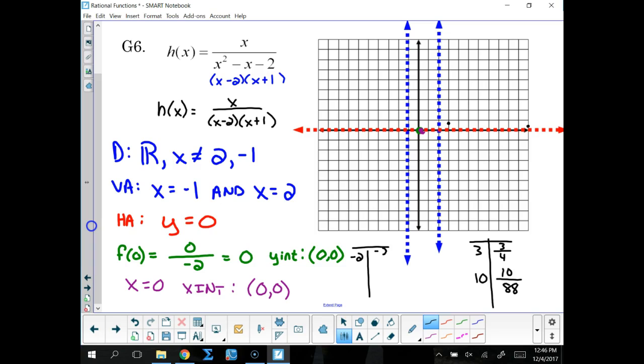Negative 2 would be negative 2 over 4, right? Because then minus negative 2 is like plus 2. So that's 6 minus 2 is 4. So that's going to be negative 1/2. Negative 10 would be negative 10 over 108.